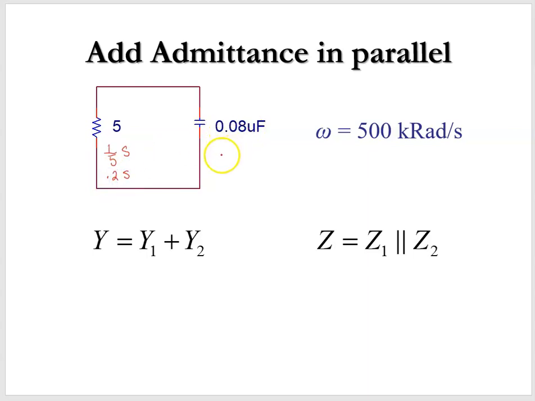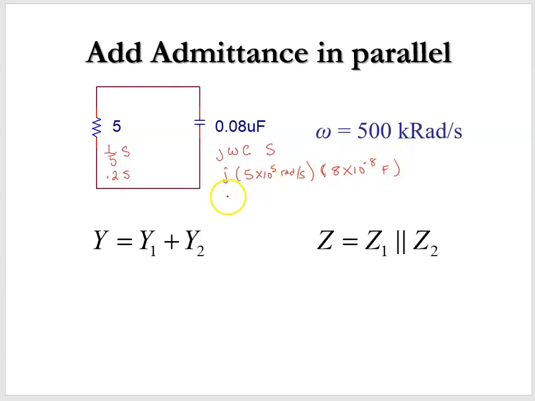Here we get jωC siemens, or j times 500 kiloradians, so that's 5 times 10 to the 5th radians per second, times 10 to the negative 6 times 10 to the negative 2, which is 10 to the negative 8, so 8 times 10 to the negative 8 farads.